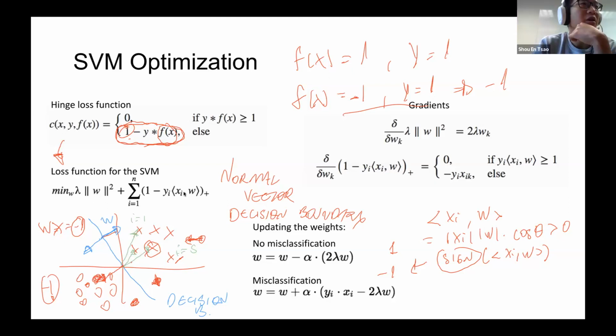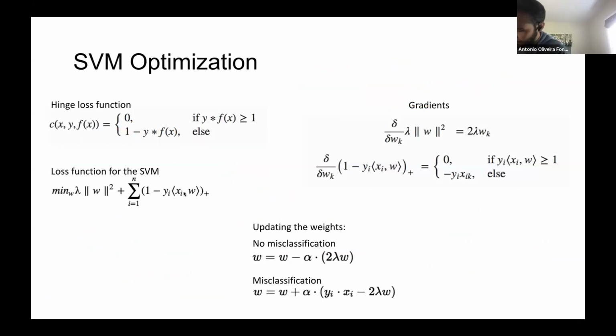May I ask for a little more explanation on the hinge loss function? Of course. Let me delete some of this stuff up here.